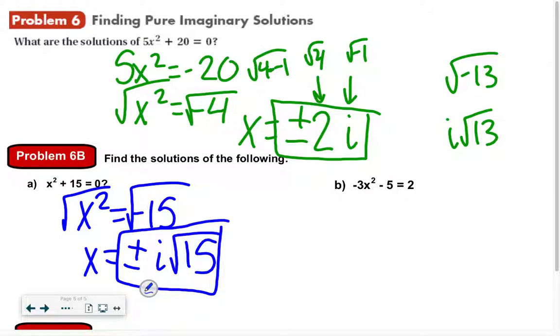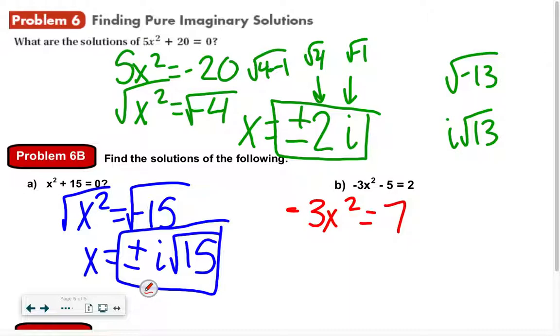Yep. Okay. Alright. Questions on that one? Okay. B, what am I going to do first? Add 5. So I have negative 3x squared equals 7.